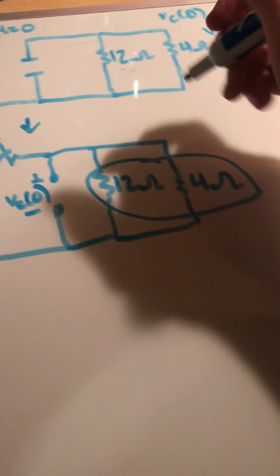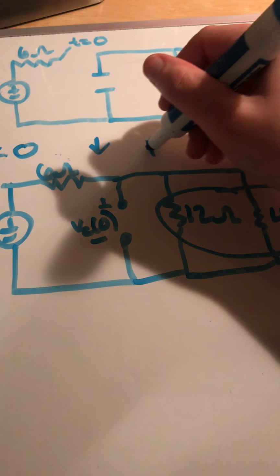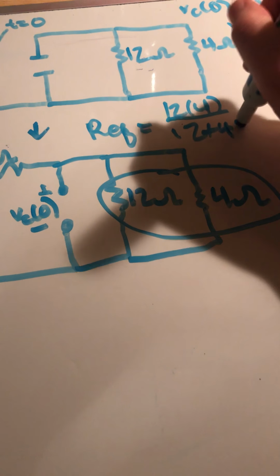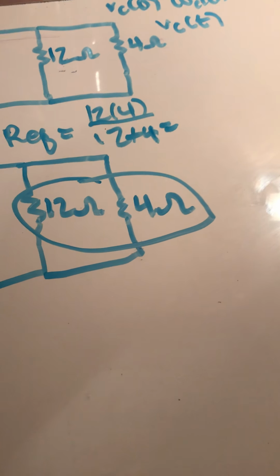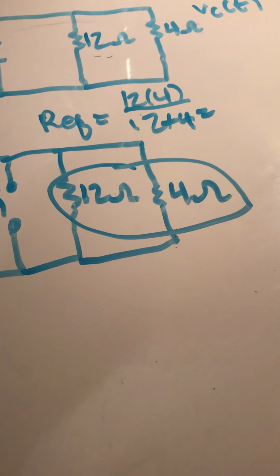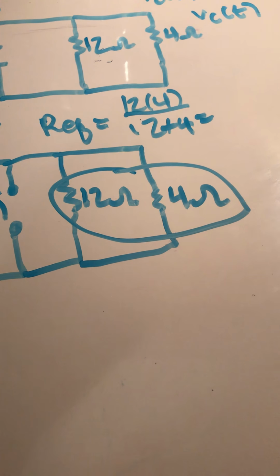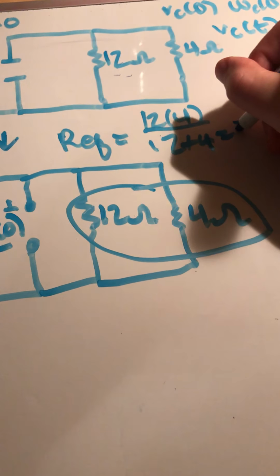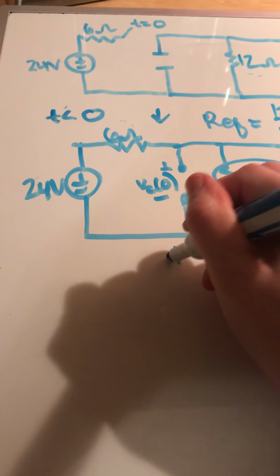So you can do Req is equal to 12 times 4 over 12 plus 4, which is equal to, I got my calculator, hold on. That's equal to 3 ohms. So we can simplify this like this.